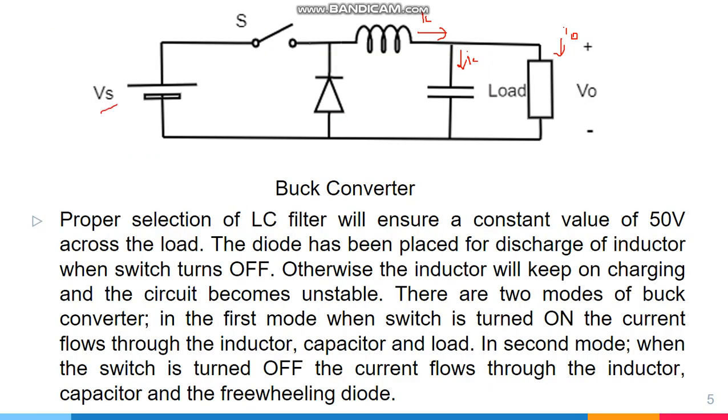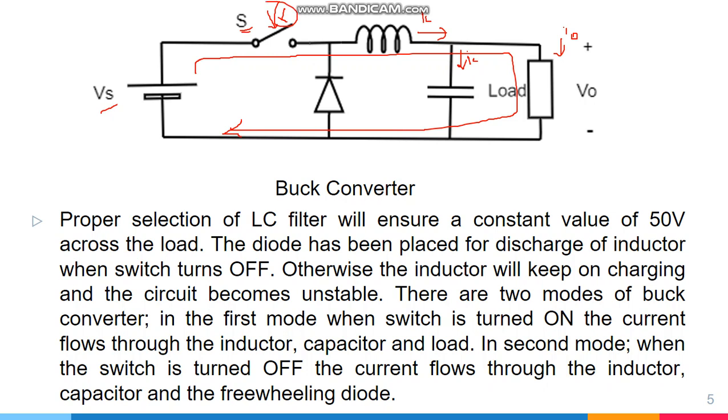The supply, Vs, and switch are only operating during the first mode. When the switch is on, that is the only time during which the supply will be in my circuit. During mode 2, when this switch is in off state, this supply will have no path.